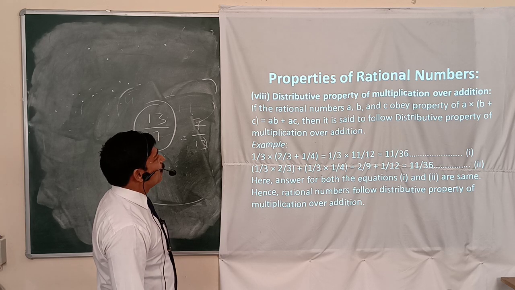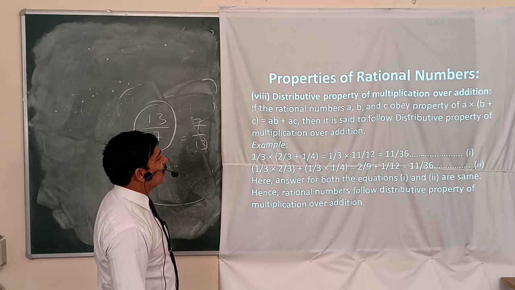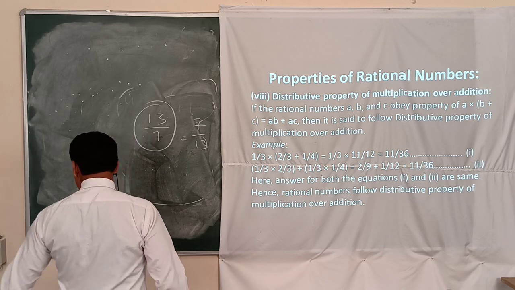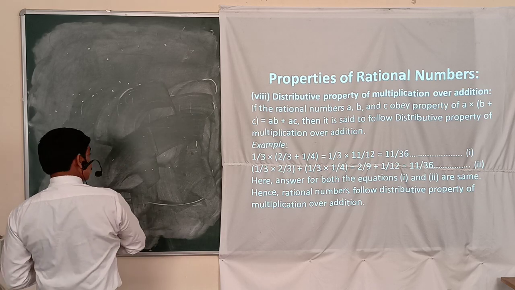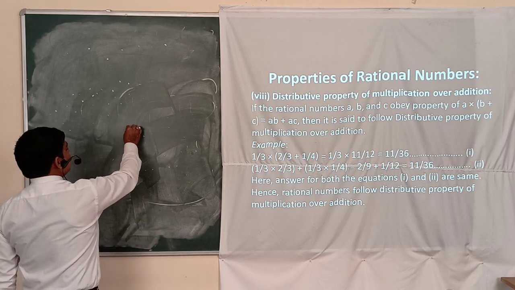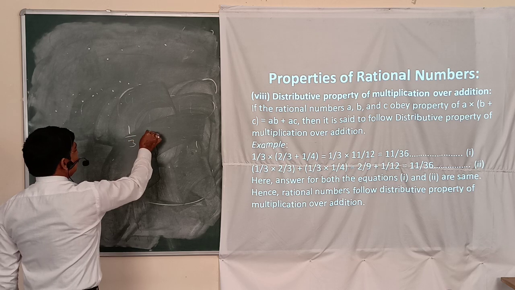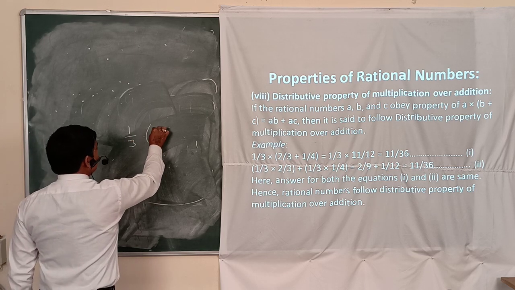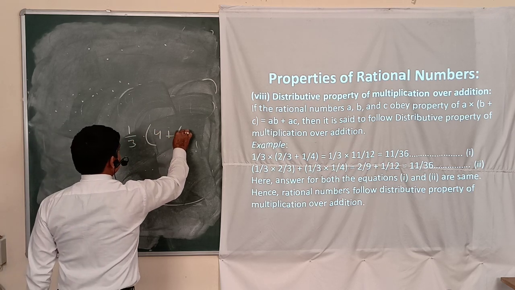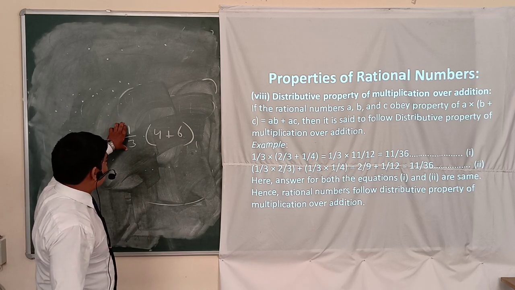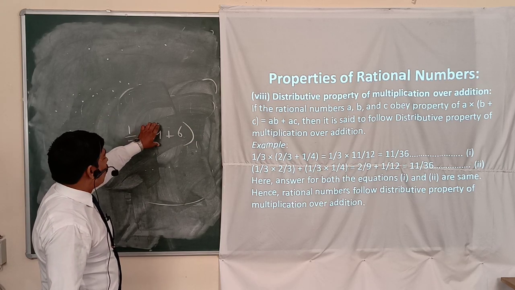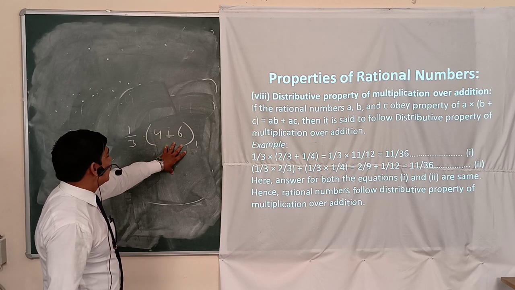Now the next one, properties of rational numbers. The next property is the distributive property of multiplication over addition. So I am writing on the board. See, if a number is given like 1 by 3 into 4 plus 6, then the number outside the bracket will be multiplied by the numbers inside the brackets.